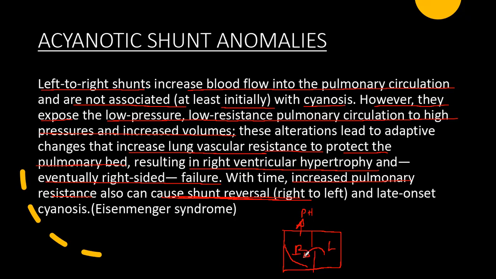So this shunt is reversed. You now have a right to left shunt, and this is a cyanotic shunt. So at first the patients are acyanotic, but with time they can develop cyanosis, and this is known as Eisenmenger syndrome.